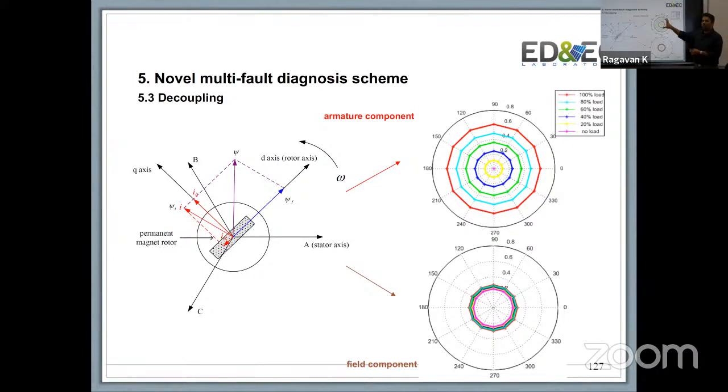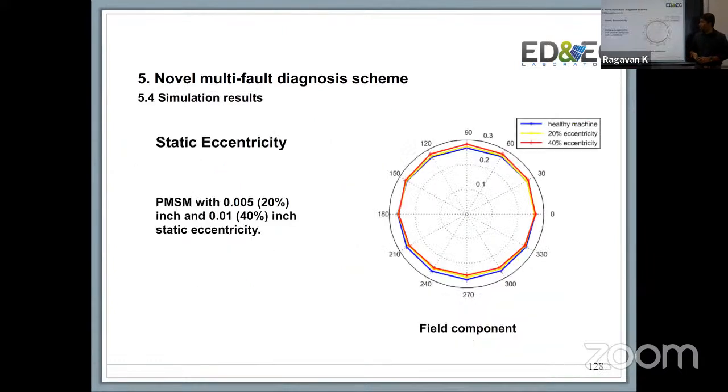The radius of your graph is different for different percentage loads. There's a very small variation in my field, so you cannot see a load change as clearly on the permanent magnet side. However, what you do notice, and this is from hardware, is that all the surge coils are measuring nearly the same voltage, which means when the machine is healthy, the measured voltage across all of them is the same.